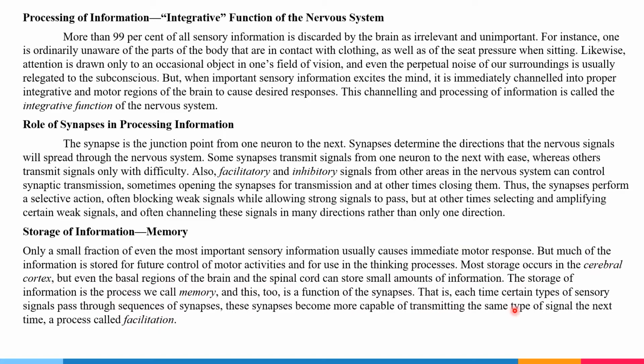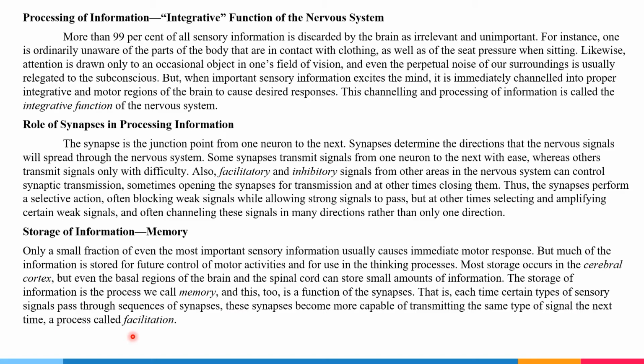That is, each time certain types of sensory signals pass through sequences of synapses, these synapses become more capable of transmitting the same type of signal the next time, a process called facilitation. And thus, as more and more stimulation of a particular synapse is done, the signal that is transmitted through that synapse is facilitated, or it can move much more easily through it the next time.